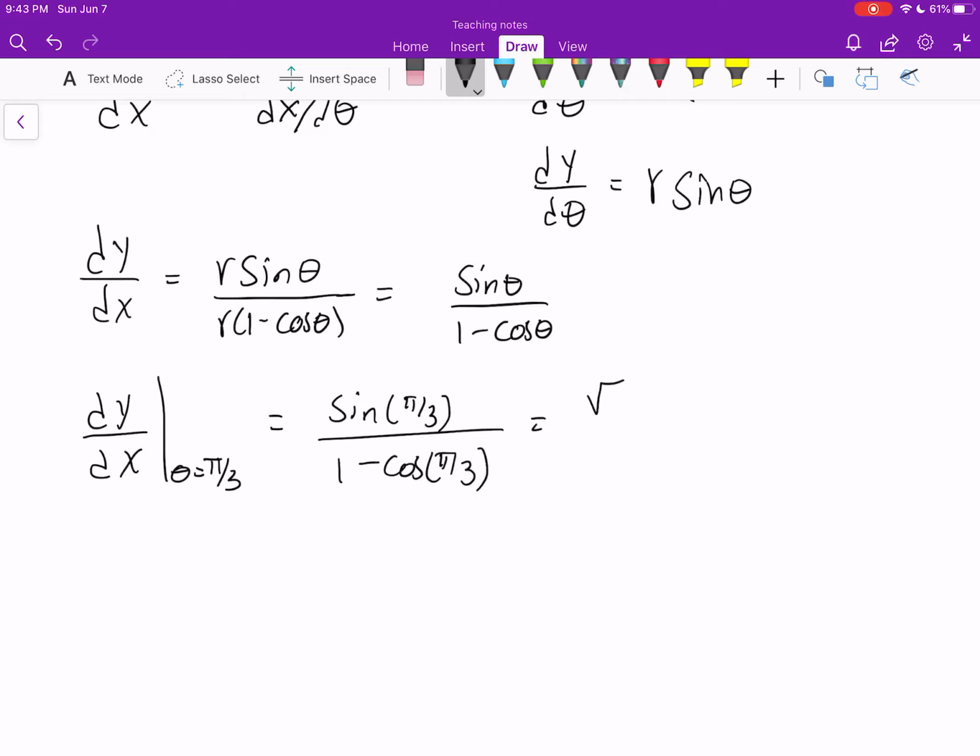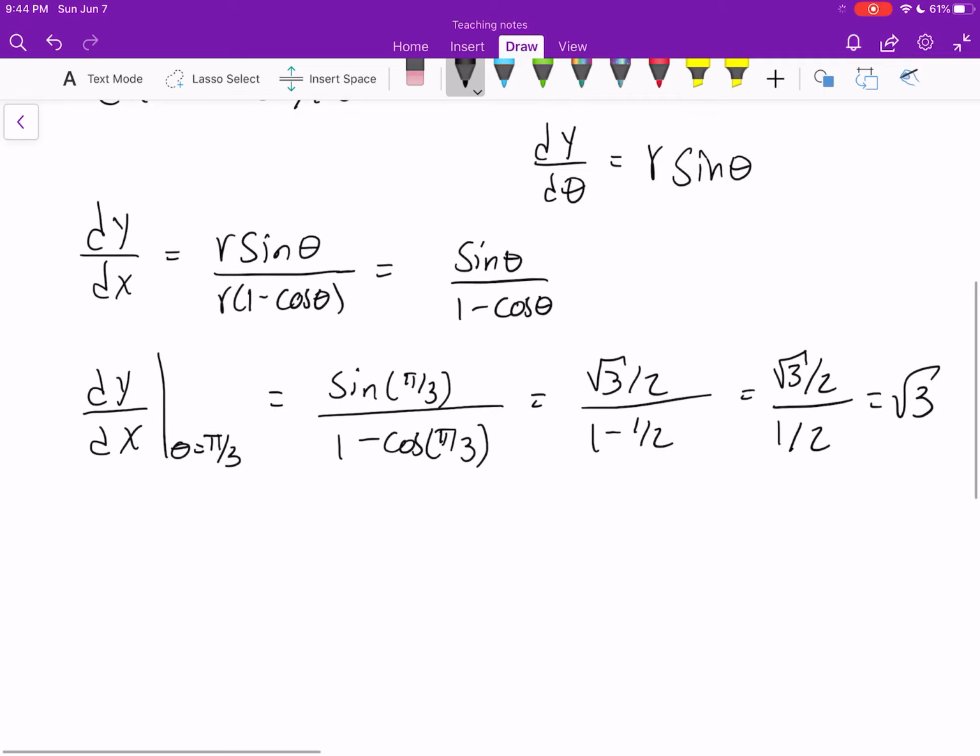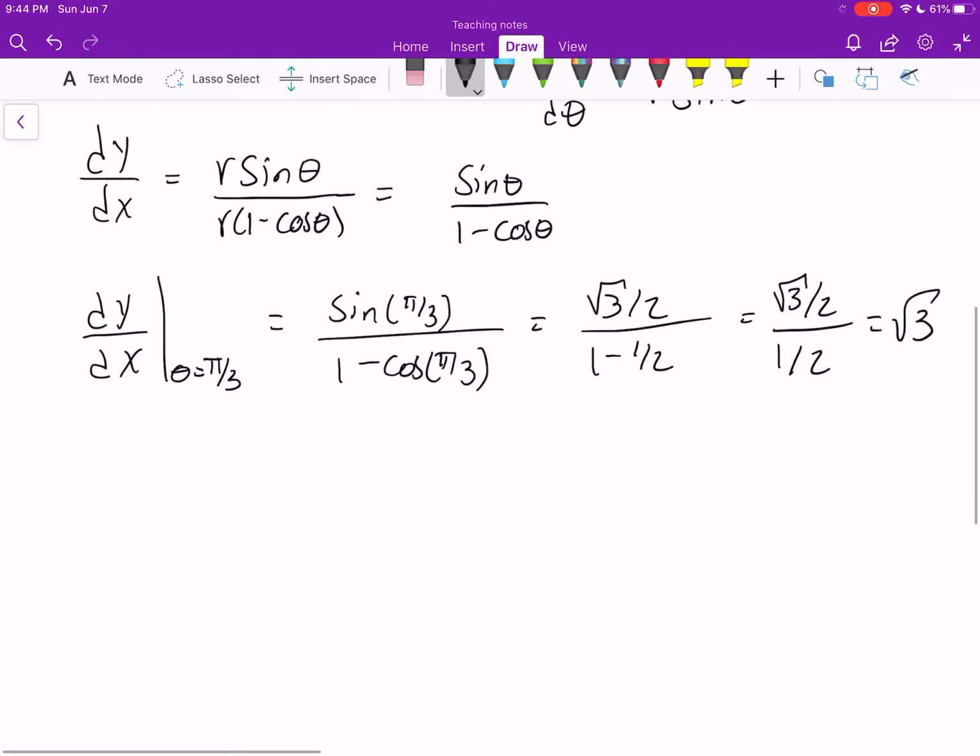Sine pi over 3 is square root 3 over 2. Cosine pi over 3 is a half. So in the intermediate steps, radical 3 over 2 over 1 half. So this ends up being the square root of 3 for the slope.